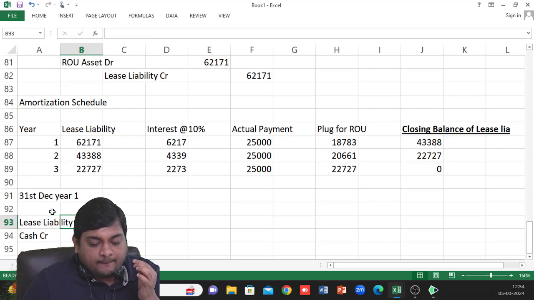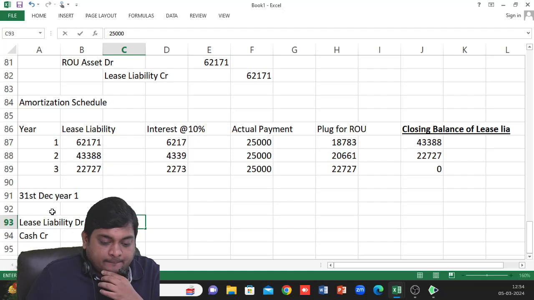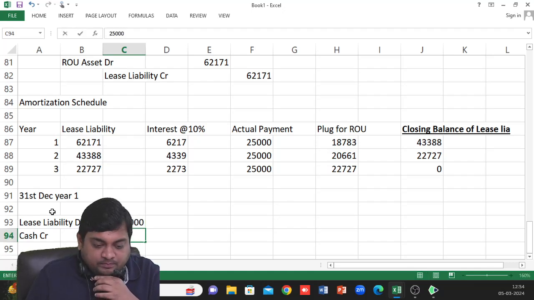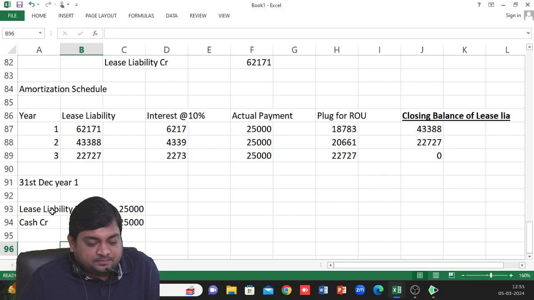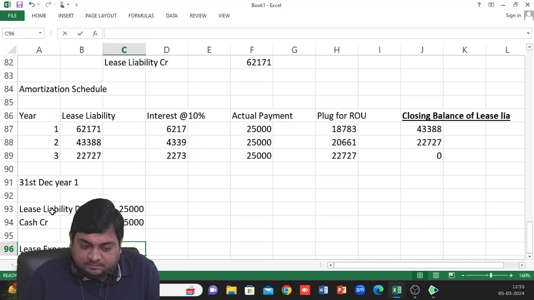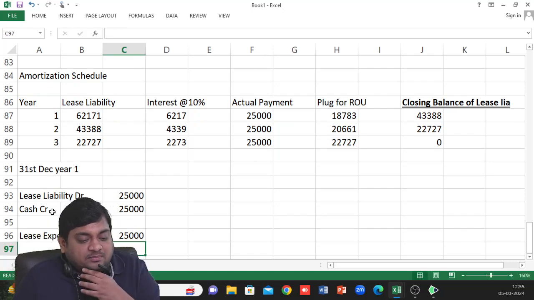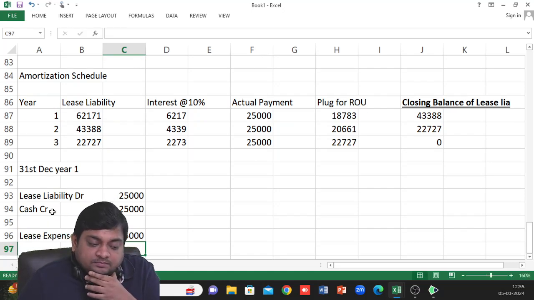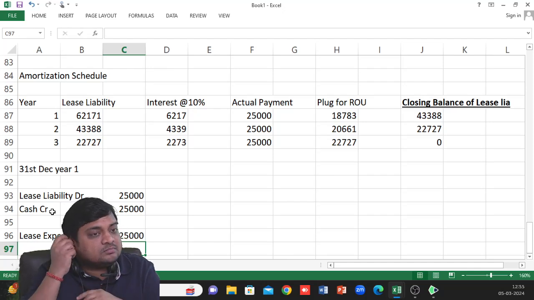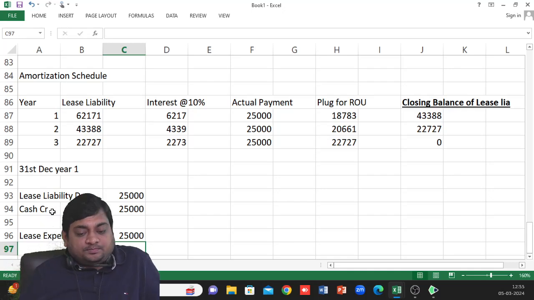How much? 25. Then lease expense debit, how much? 25. Yes or no?